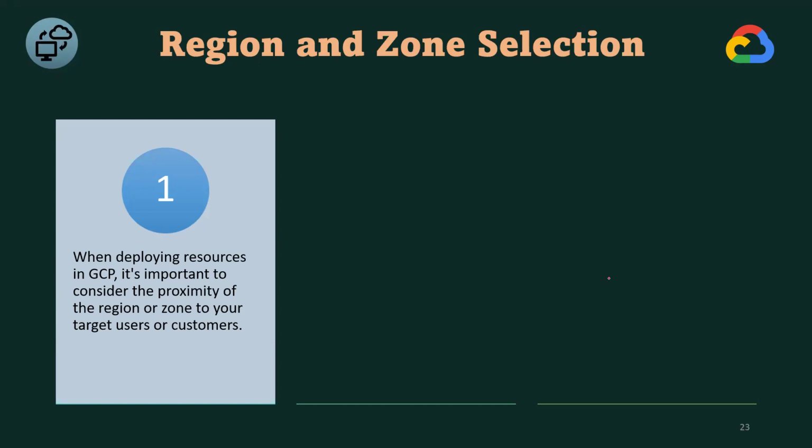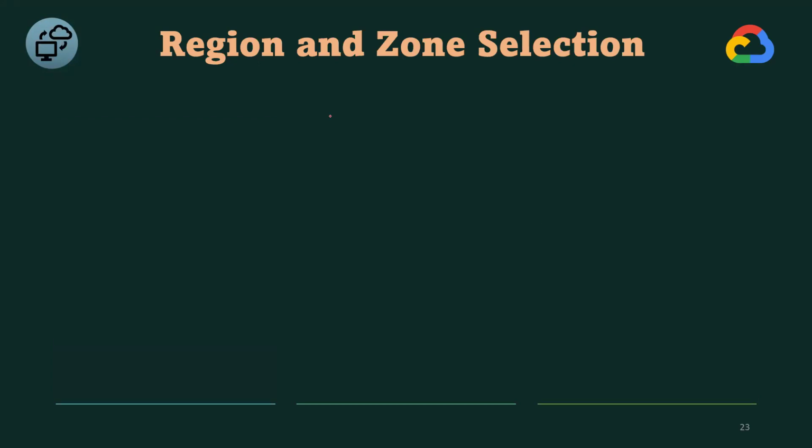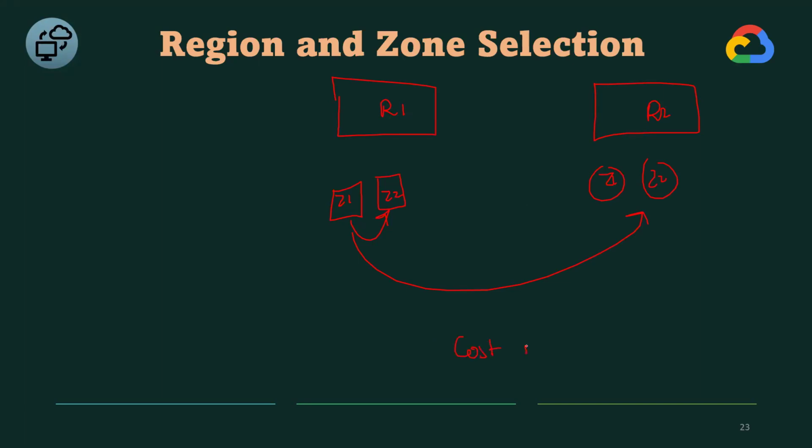Finally, the third point is what Google Cloud Platform says: from region to region or zone to zone, the cost may vary.